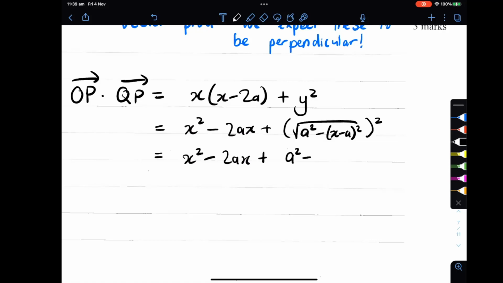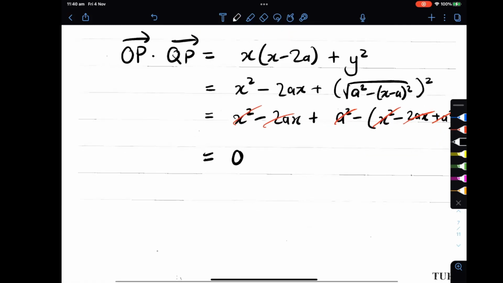We may as well expand that, so we're going to get x squared minus 2ax plus a squared. Like that. Alright, so if we look at some of the terms here, this and this is going to cancel. This and this is going to cancel. And then this here makes a plus, so plus 2ax minus 2ax, they also cancel. So we're actually going to get 0.